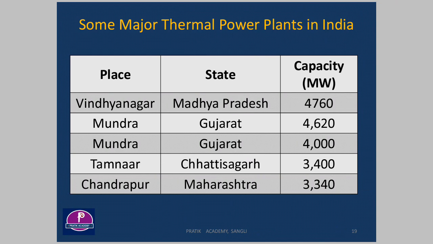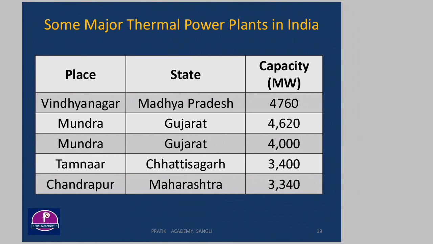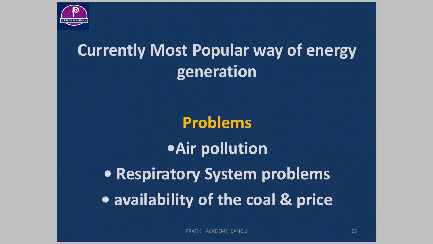And in Chandrapur, Maharashtra, we have a 3340 megawatt capacity plant. Currently, electric energy production using coal fired thermal power plants is most popular. At the end of this chapter we will show you how much percentage it is.